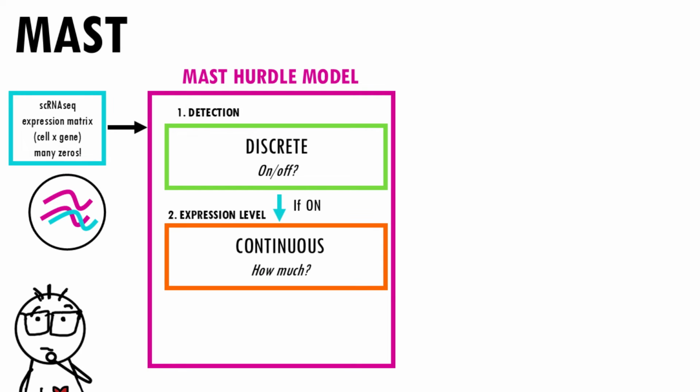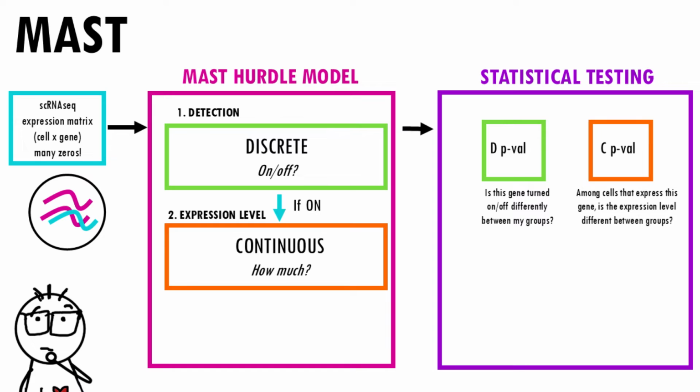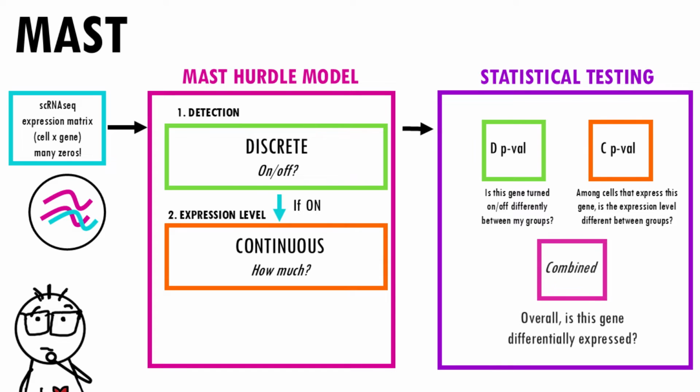Part 2 of our model focuses on expression level, so continuous data, and models basically how much the gene is expressed, only obviously in the cells where it's detected. These 2 parts are combined to give a more accurate and robust estimate of differential gene expression.